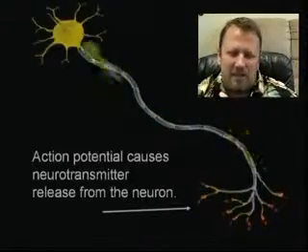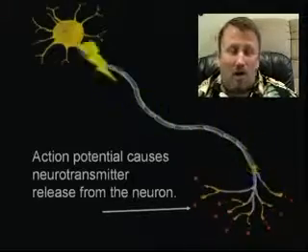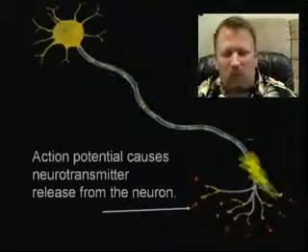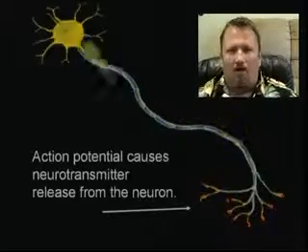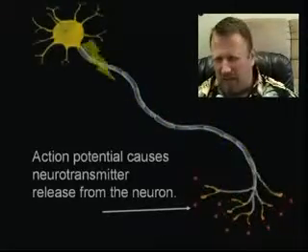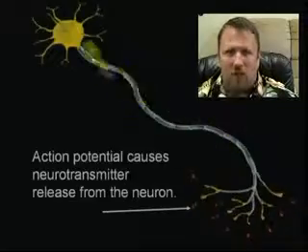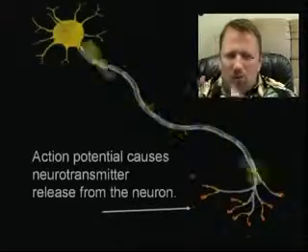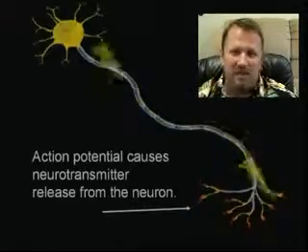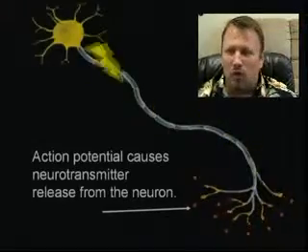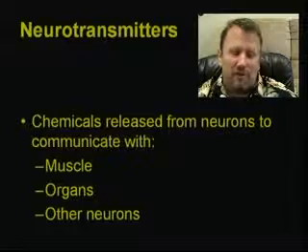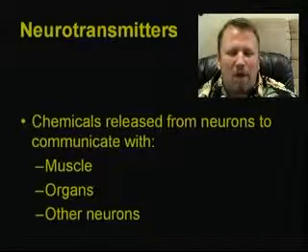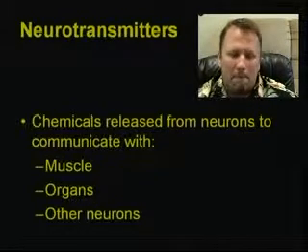So the action potential going down the neuron causes a neurotransmitter to be released from the neuron, and that's the little red dots coming from the end of the neuron at the synaptic terminal. And that's supposed to show neurotransmitter being released by the neuron in response to action potential. So neurotransmitters are chemicals released from neurons to communicate with muscle.